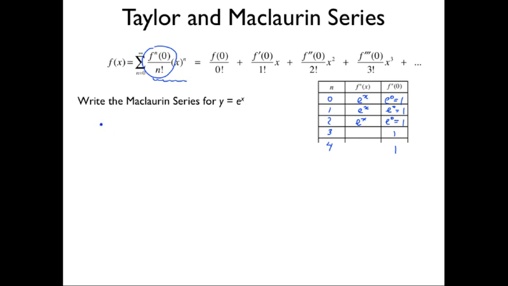So what do we got? e to the x equals f of 0 over 0 factorial, which is 1 over 1, plus 1 over 1 times x, plus, we said all these derivatives taken at 0 are 1, so now we have 1 over 2 factorial x squared, plus 1 over 3 factorial x cubed.